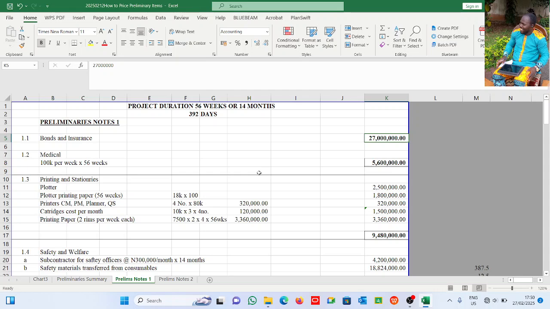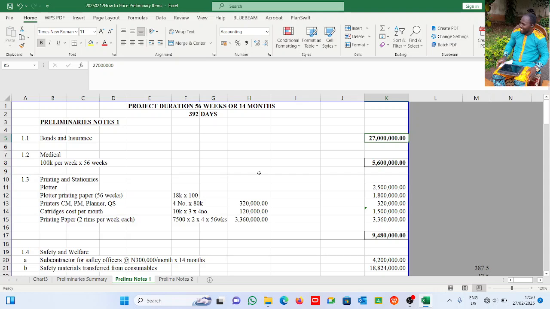Definitely on a project, the contractor needs to insure the works, because he's the one responsible. The client is not responsible, so he needs to insure the work. So in case of any damage or any loss, he can fall back to the insurance company to rescue him out, as at his original position.